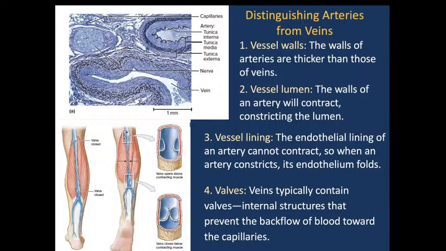Another interesting fact is that the wall of an artery will contract, and it constricts the lumen. It is visible. Therefore, when viewed during dissection or in a sectional view like it is here, the lumen of an artery appears smaller than an accompanying vein.